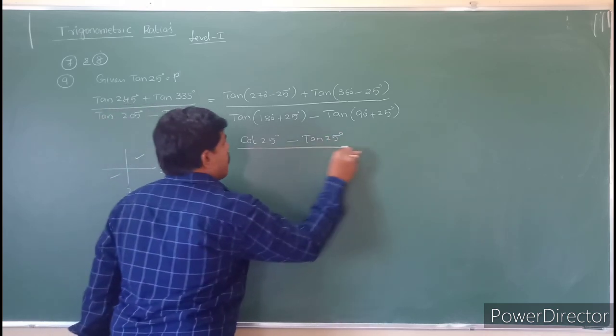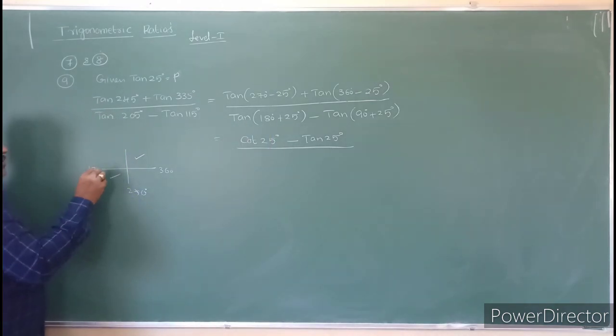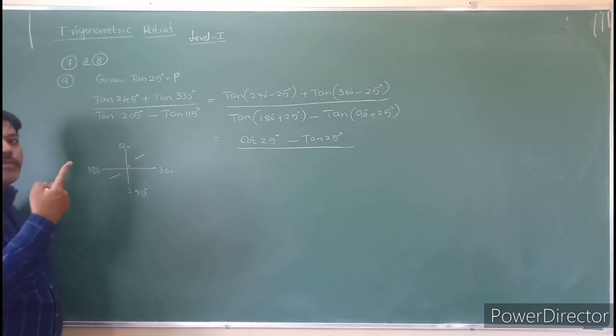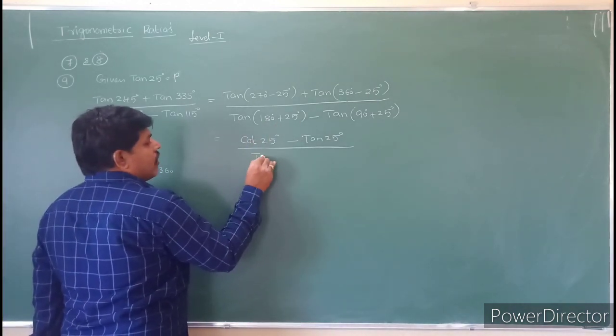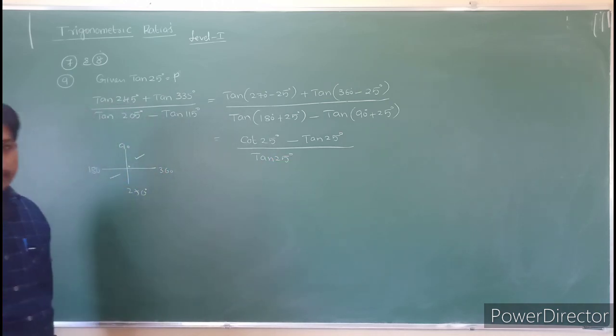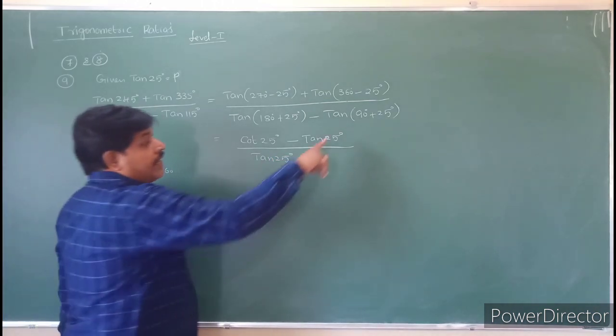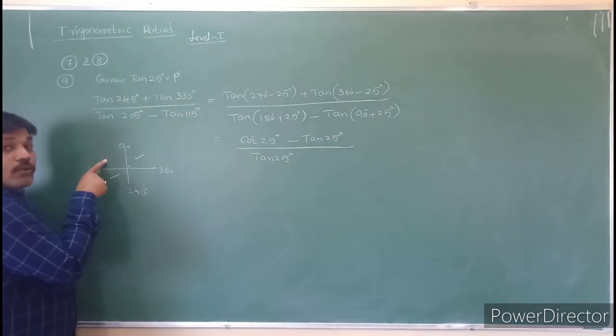Tan 25 degrees, and then 180 plus. Here it is 180 degrees. 180 plus means the third quadrant. In the third quadrant, tan is positive. So it will become tan 25 degrees. Next, 90 plus. Here it is 90. 90 plus means the second quadrant.